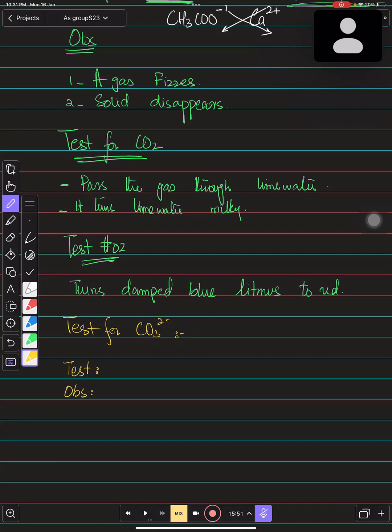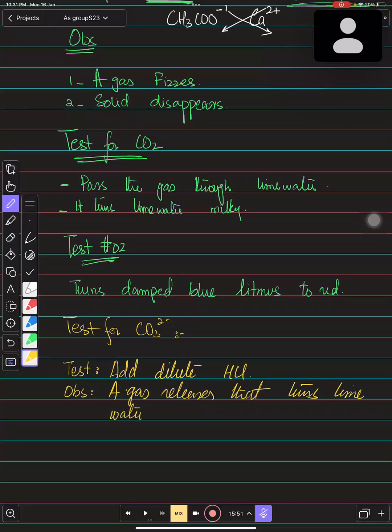You don't need to write the name of the gas. So you can say add dilute hydrochloric acid, and a gas releases that turns lime water milky. Right, बच्चों? Is that clear?